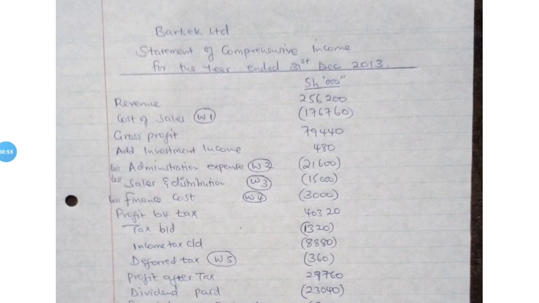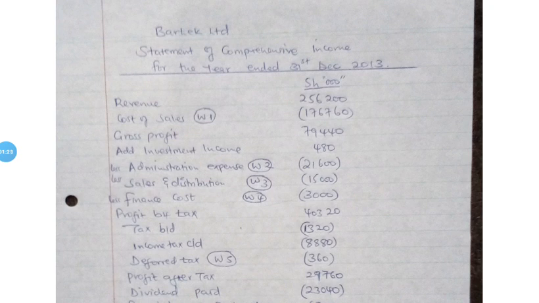Due to the note that we have just read, some items in our additional information may affect the cost of sales. So you just write cost of sales, then you write working one. You want to work out the cost of sales.